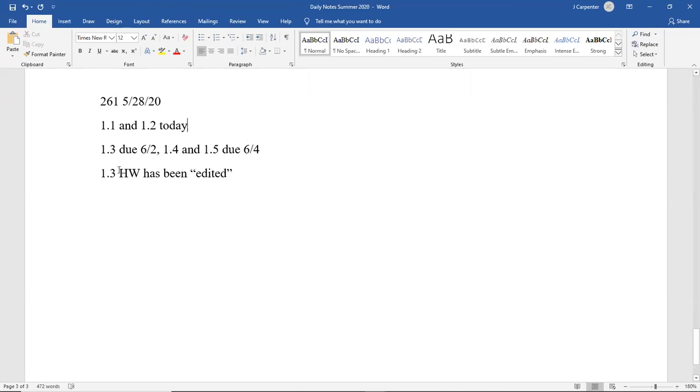I did water down the 1.3 homework as I promised. When you go into 1.3, it's like 5 or 6 questions that just have check marks on them automatically. I'm hoping I don't have to do that often throughout the semester, but that's if I assign something and then edit it after someone else has already looked at it.